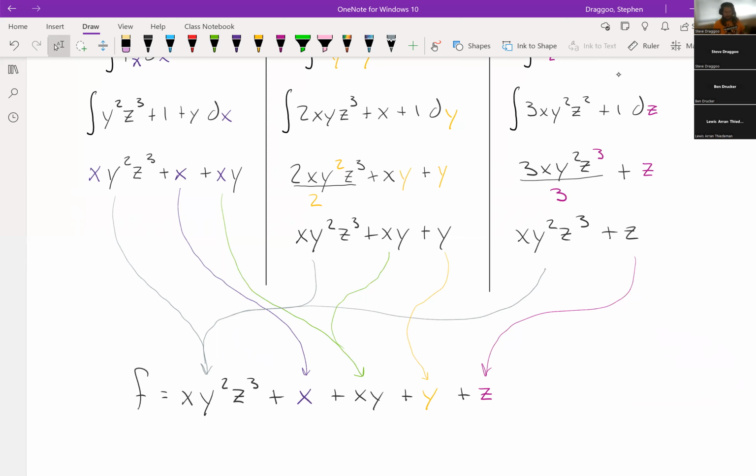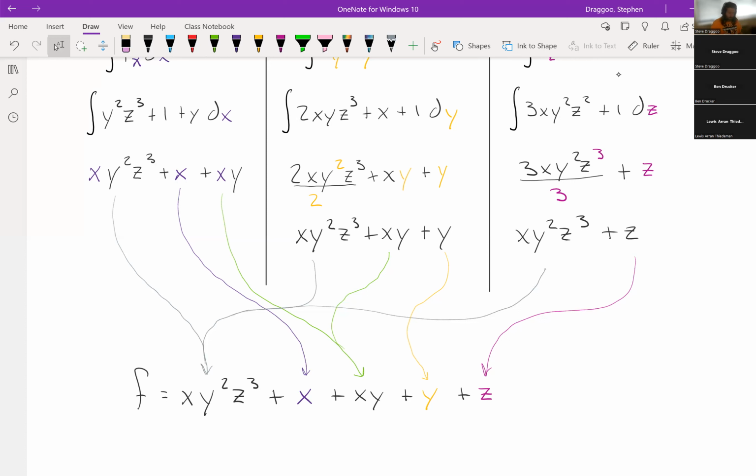And again, I reconstruct f by taking every unique term that shows up in each of those 3 integrations. You can see I drew a bunch of arrows to show where stuff goes from, and hopefully that's not too wild. I was hoping it would look relatively clean when I drew these arrows in. I'm kind of happy with how it turned out.